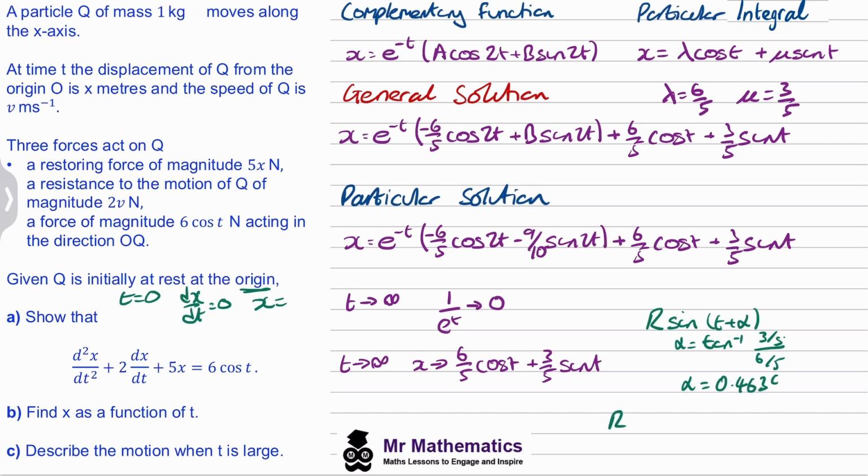And r will be the square root of 3/5 squared plus the 6/5 squared, which works out as 3 root 5 over 5. So we'll say that when t is large, x will tend to 3 root 5 over 5 meters away from the origin.